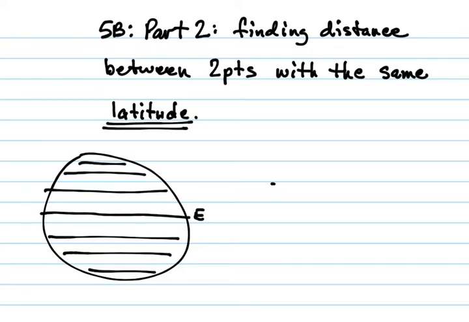Now, except for the equator, all lines of latitude are not great circles, they're small circles, right? And so we're going to have to use a slightly different process to find the distance between 2 points.